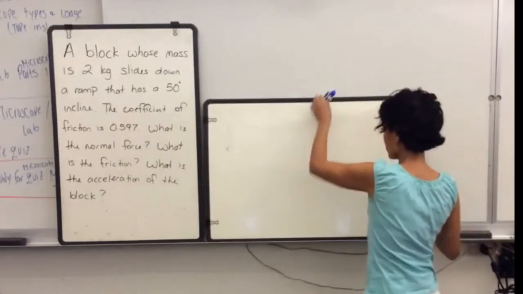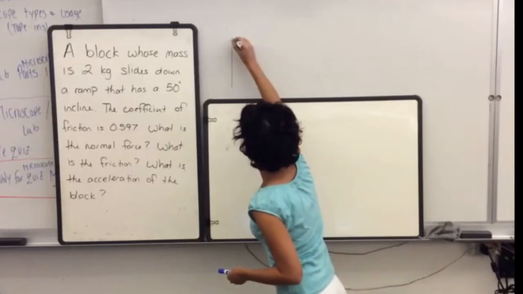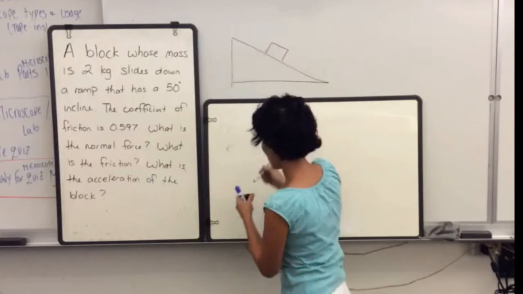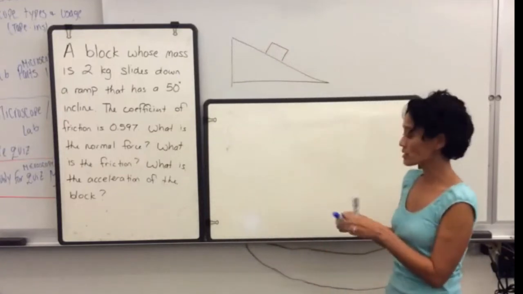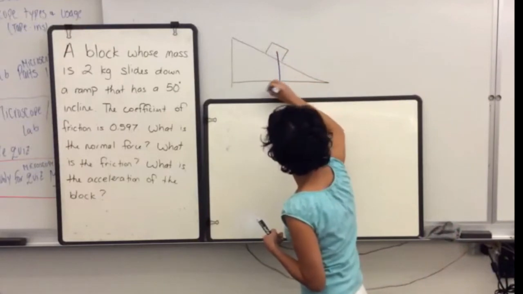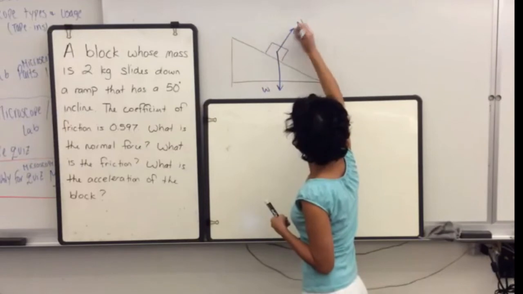So if here's your incline, similar to what we just drew, and we're looking at our forces. It's very similar to what we had drawn before. Our weight is going to be down. Our normal is going to go up.